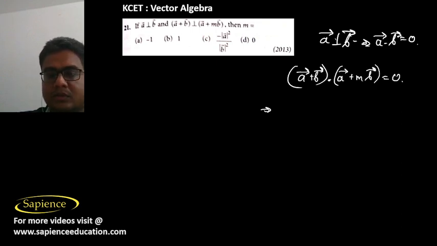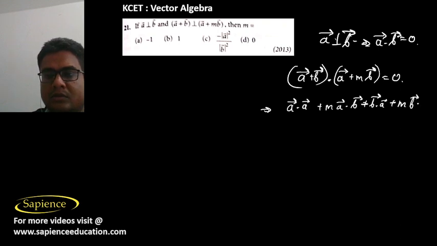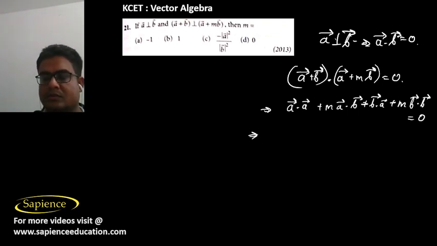It means that A dot A plus M into A dot B plus B dot A plus M into B dot B is 0.